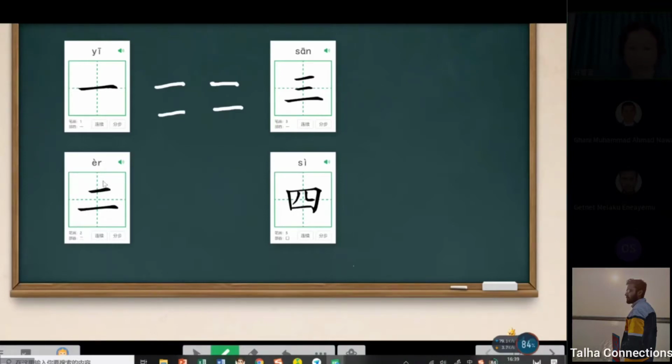Now, next one, er. There are two strokes. For er, there are two strokes. Remember, when you write it, the first stroke is shorter than the second stroke. The first one, shorter. The second one, longer. Okay, watch again.